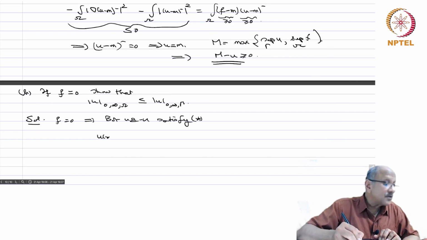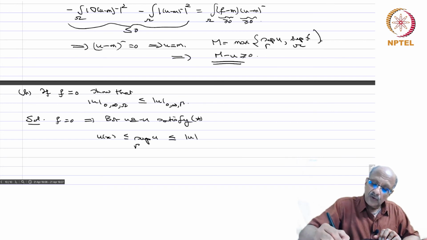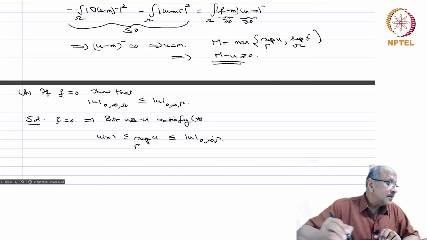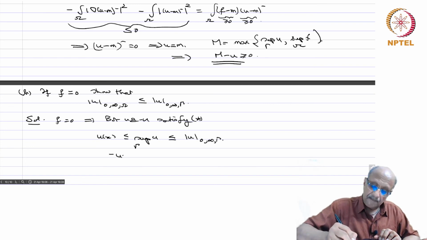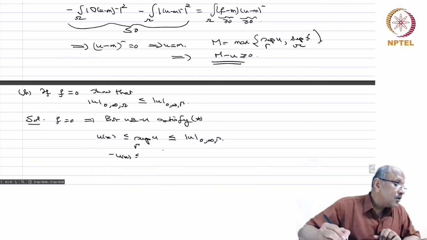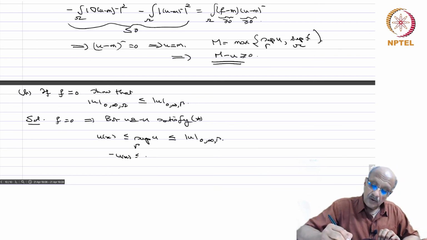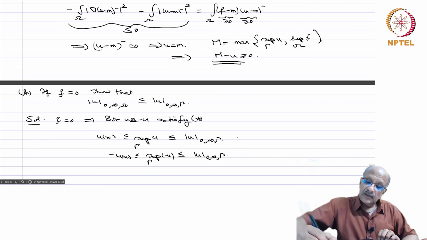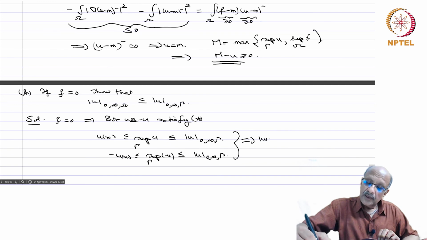So, you have u of x is less than or equal to sup u over gamma, which is less than or equal to the L infinity norm on gamma, and then you have minus u of x is less than or equal to sup of minus u over gamma, which is again less than the L infinity norm of u on gamma, and therefore this implies that mod u of x is less than or equal to the L infinity norm on gamma, and this implies that the L infinity norm of u on omega is less than or equal to the L infinity norm of u on gamma.